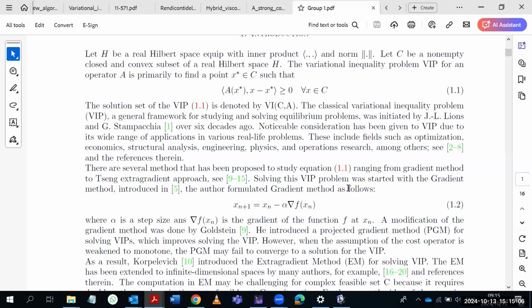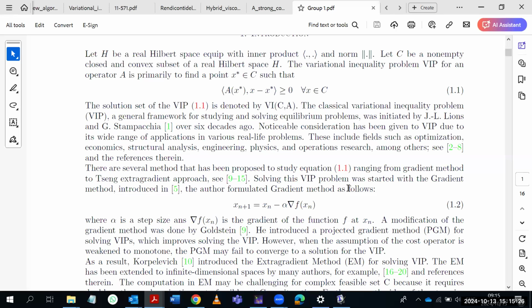It says solving this VIP problem was started with the gradient method introduced in 5. So if you're looking at gradient method, then this has to be PC of xn minus alpha A xn, not xn minus alpha gradient of f.